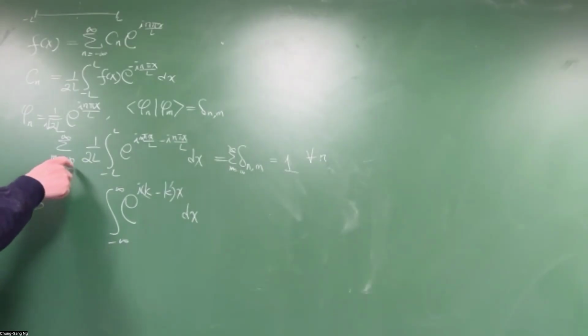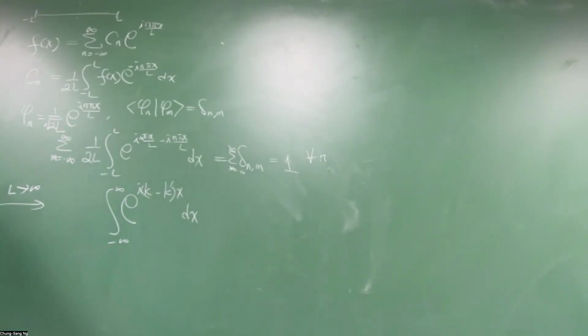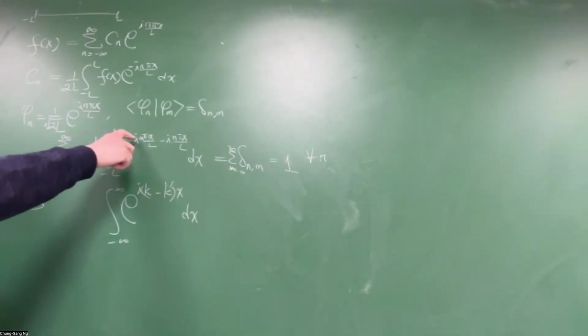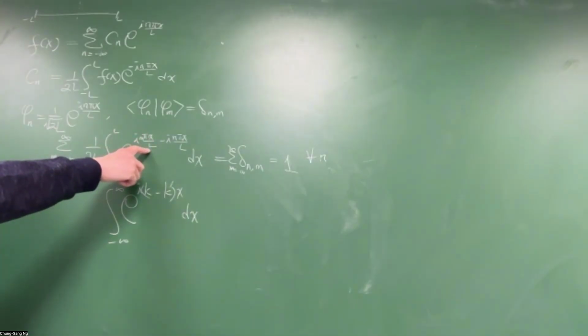And now what needs to be done for the summation is that now we renormalize it. So m pi over L is k.